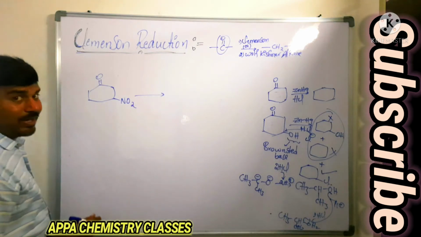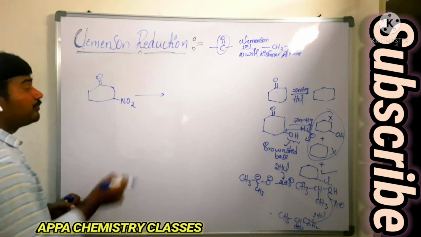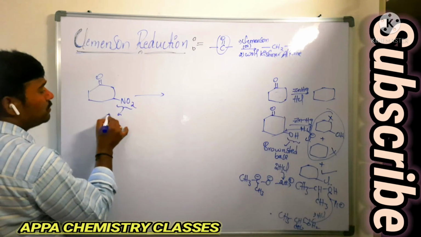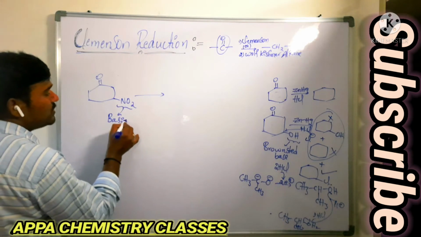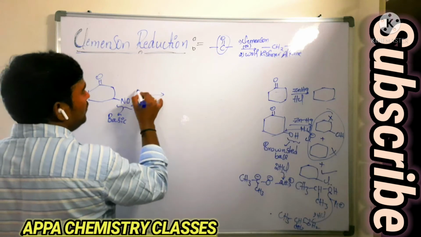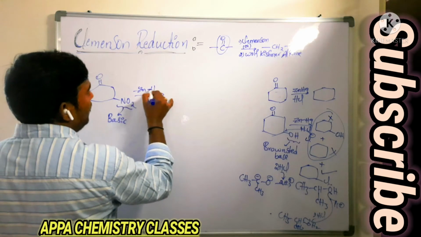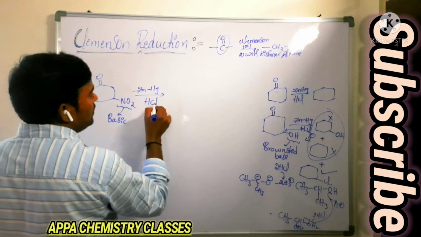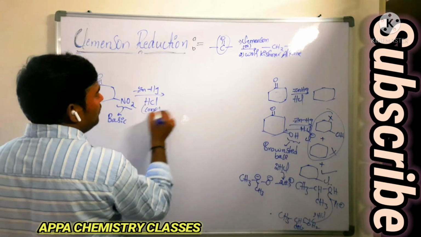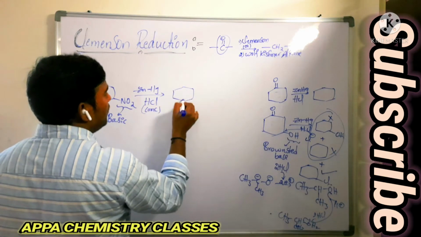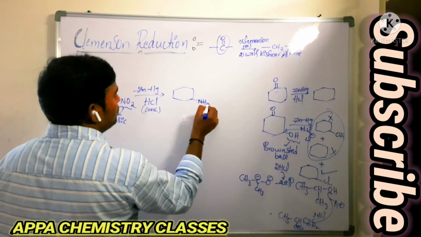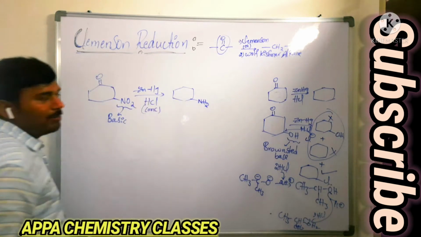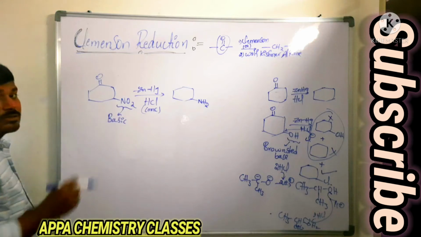It is also a proton acceptor, so it is a base. It is a basic group. This basic group is also reduced to amine. Now zinc amalgam and concentrated HCl. Then what happens? We are getting the NH2. It is reduced to amine. Is that clear? That is the correct product.